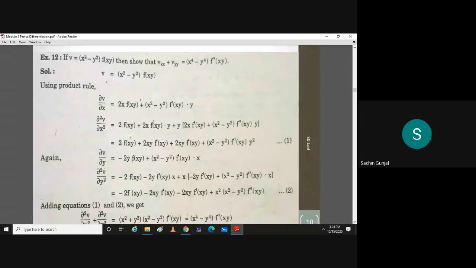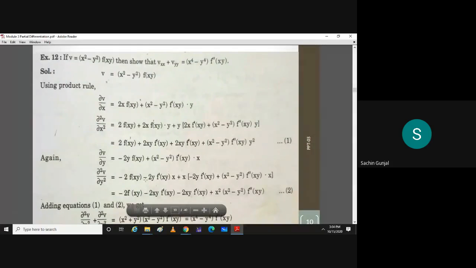Now you differentiate this one more time with respect to y. So again product rule. f of xy as it is, the derivative of minus 2y with respect to y is minus 2.